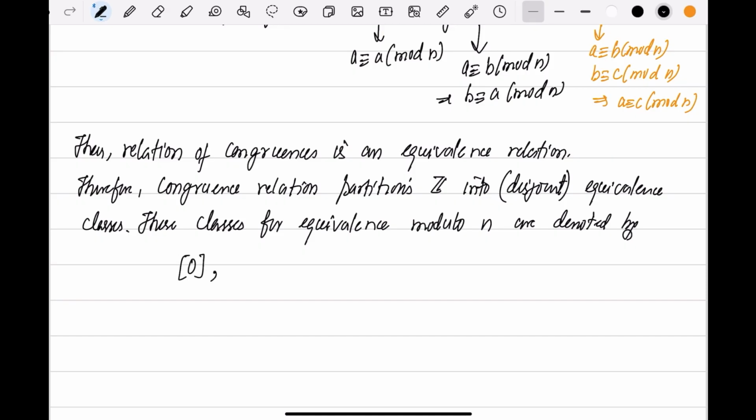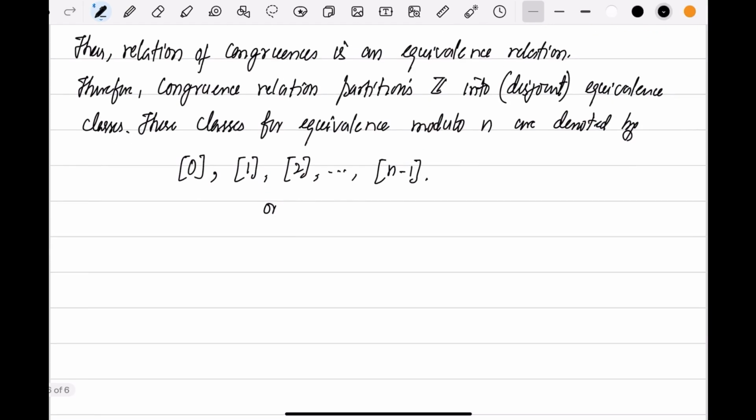When an integer is divided by n, the possible remainder is 0, 1, 2, and up to the maximum n minus 1. Equivalently they can be denoted as 0 bar, 1 bar, 2 bar, and so on, n minus 1 bar.